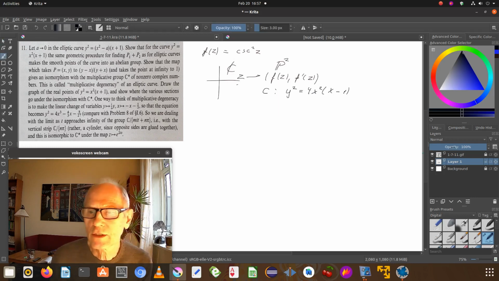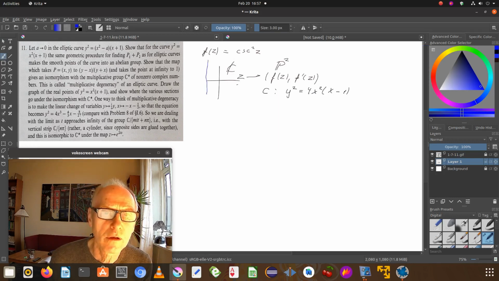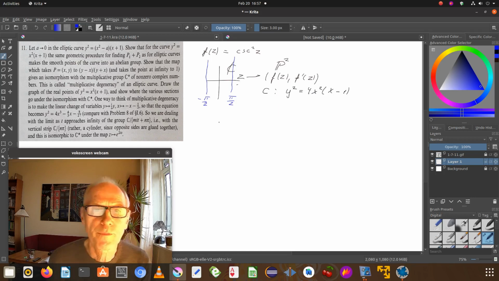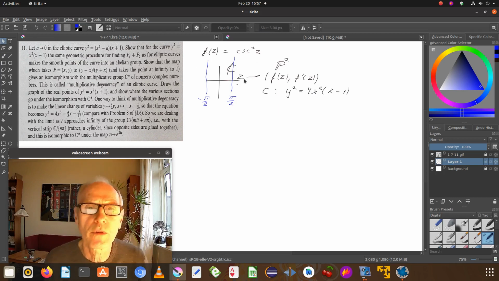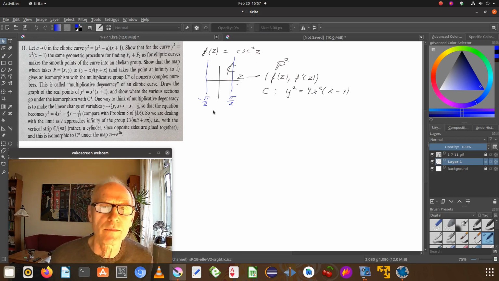So that's the slices I would like to use, continuing all the way through modulo pi. So that's our lattice.